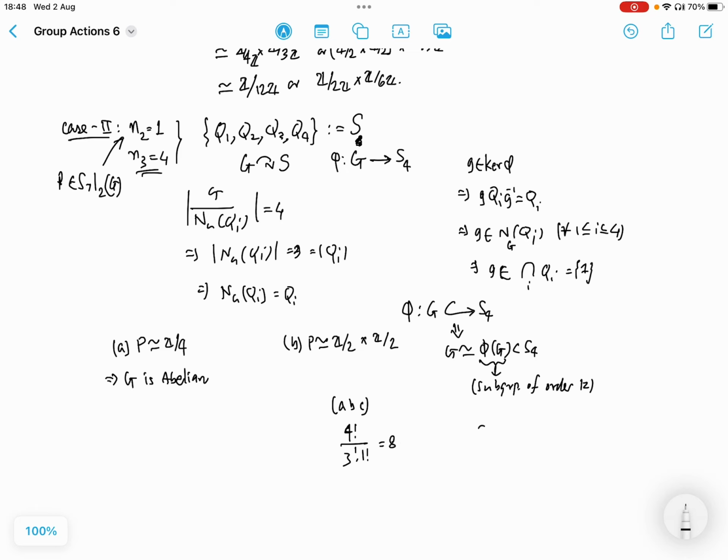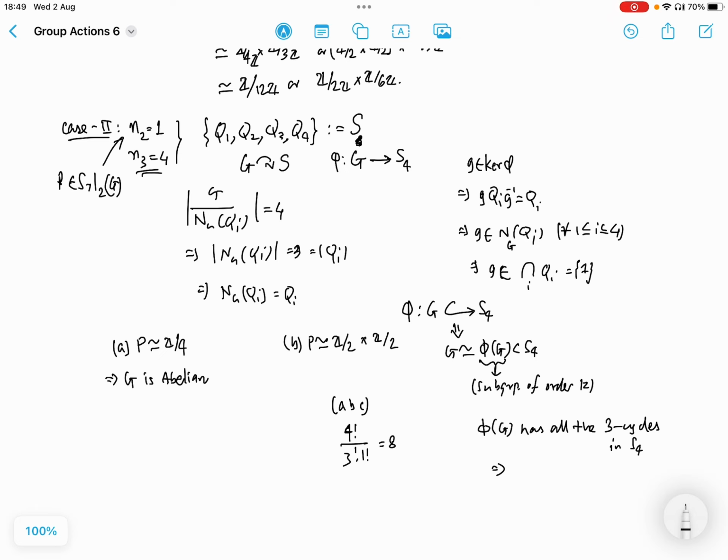So you get that the image of G has all the 3-cycles in S4. And you know that A4, the alternating group inside S4, is generated by all those 3-cycles.